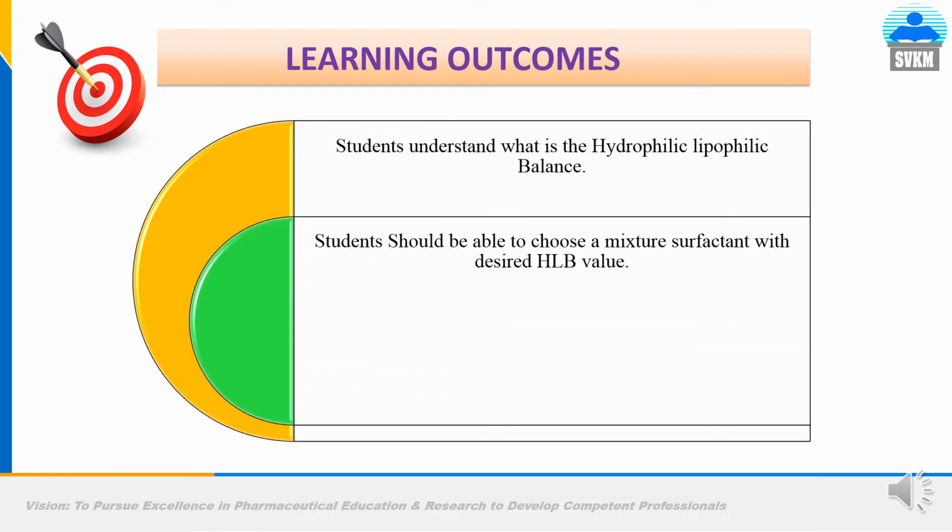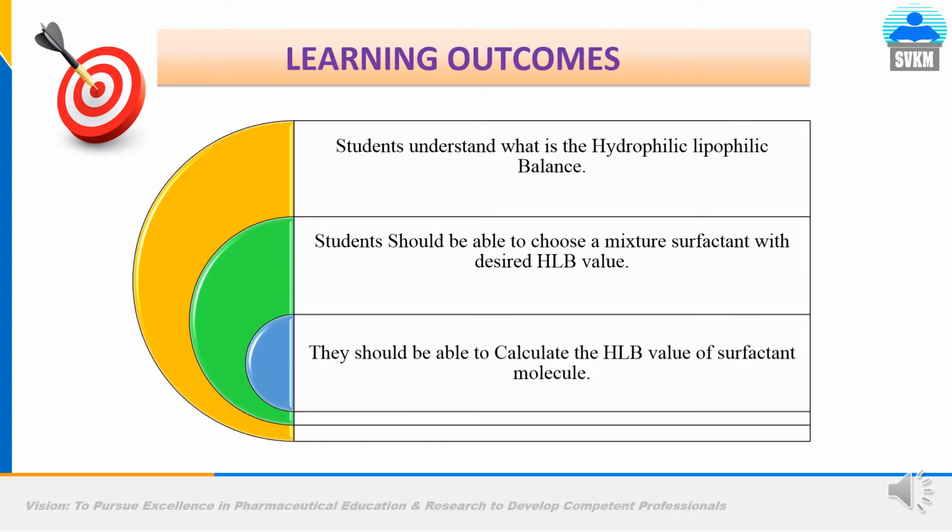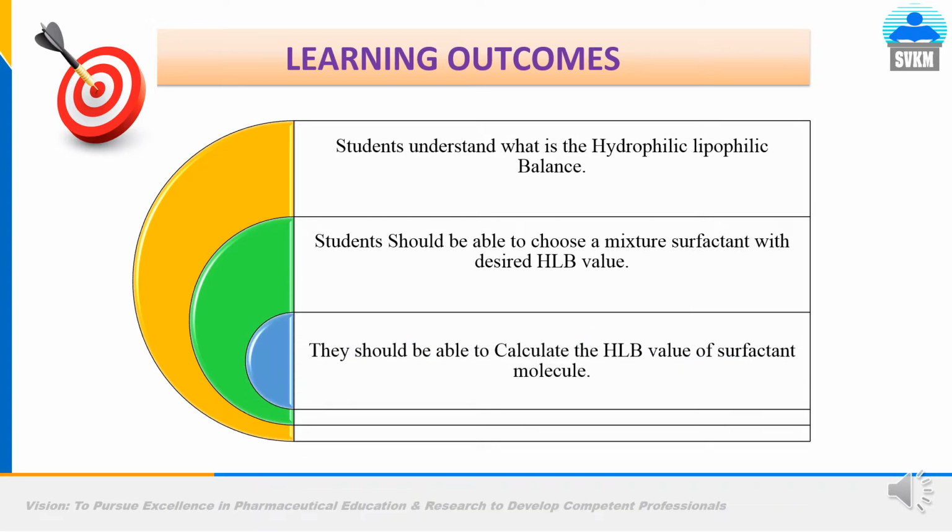The second important learning outcome: the student should be able to classify the surfactant molecule based on their HLB value, and this knowledge should be used to choose a mixture of surfactant with desired HLB value. The third important learning outcome: students should be able to calculate the HLB value of surfactant molecules.